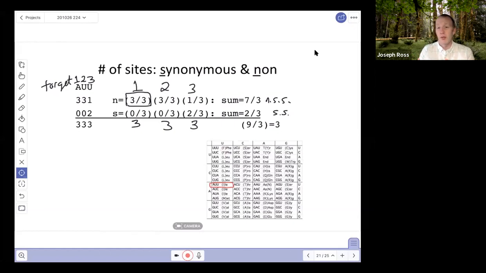And about 1/3 of them, ones that happen at the third nucleotide of the codon, should be synonymous on average. But you have to do this calculation for each codon. Each codon has its own unique signature of the number of synonymous and non-synonymous sites. So you could do this for each of the 64 different codons, calculating how many non-synonymous opportunities there are for change and how many synonymous. Now let's see what we do with that information.